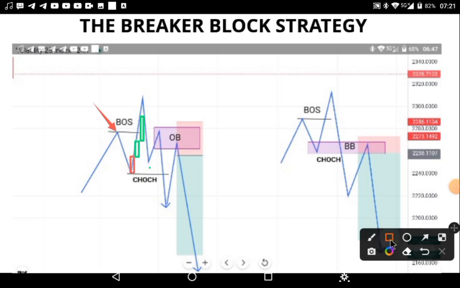So we are basically going to mark it out as our order block. Take your tool like this, mark it out as your order block. Whenever price returns to this very candle here, which we call our order block, we are expecting it to reverse and continue going higher.